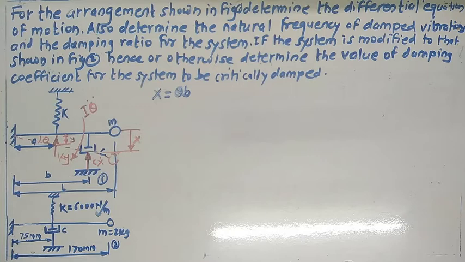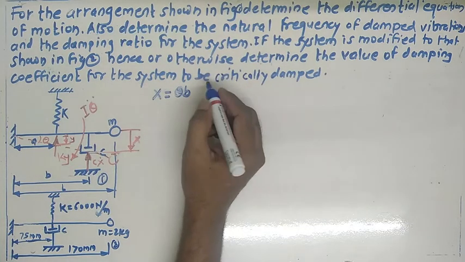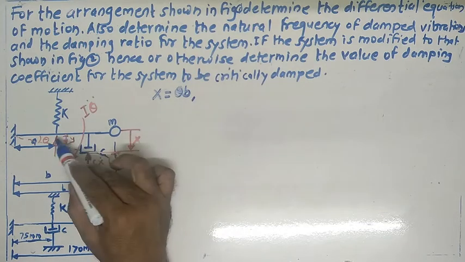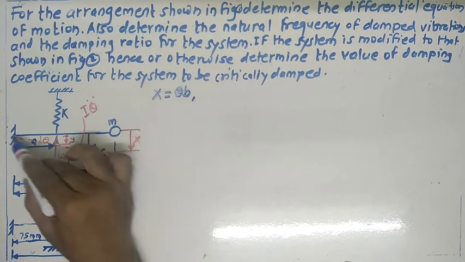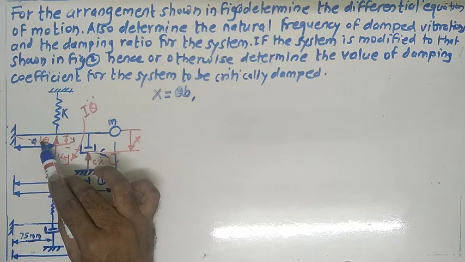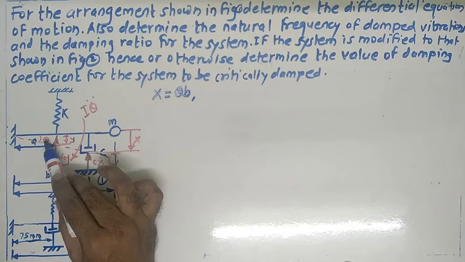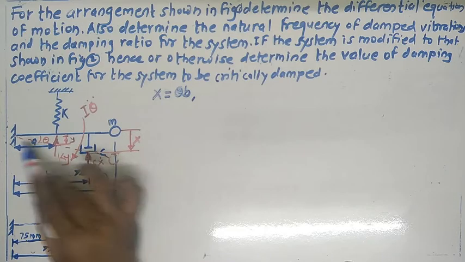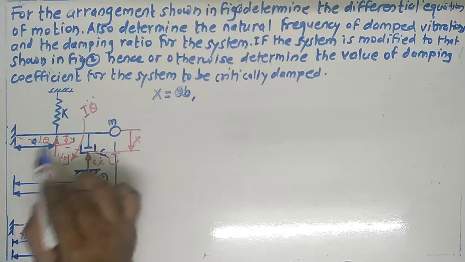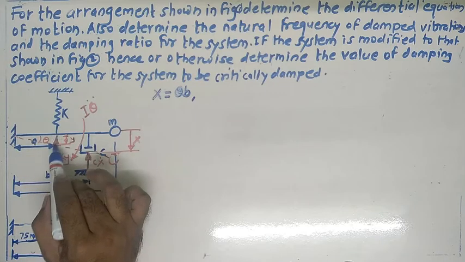Similarly, what about the y? To get the value for y, if I consider this triangle, I can write the relation for y and this theta: tan theta equals this side divided by this side.